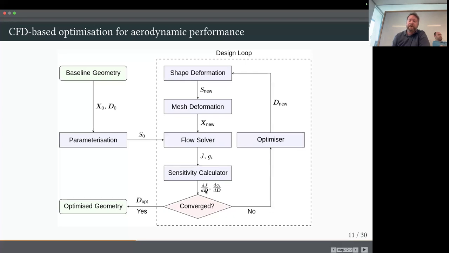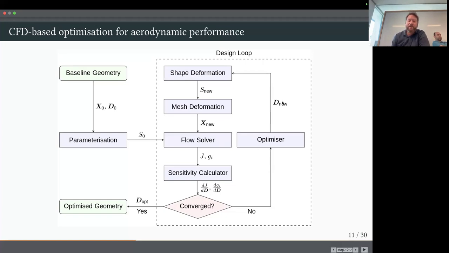And this is that bottleneck I was hinting at, because if you have many design parameters in a black box CFD solver, you're going to have to run many flow solutions, perturbing just slightly in each parameter, recomputing the flow, extracting your performance metric to build up that vector of sensitivities. And this is the thing I'm going to talk about that the adjoint method helps us with.